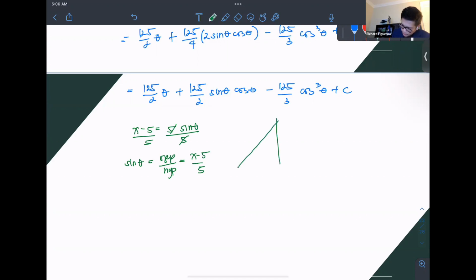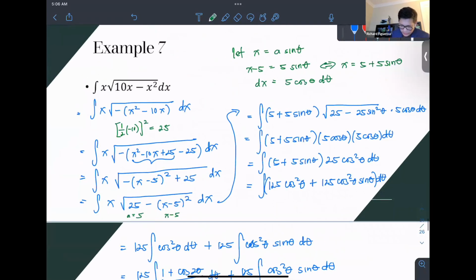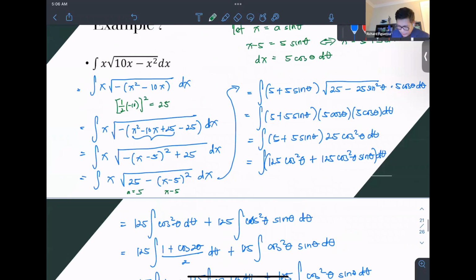So writing our triangle, opposite is x minus 5, hypotenuse is 5. So this one will be 5 squared, which is 25, then minus x minus 5 squared, which is actually 10x minus x squared.